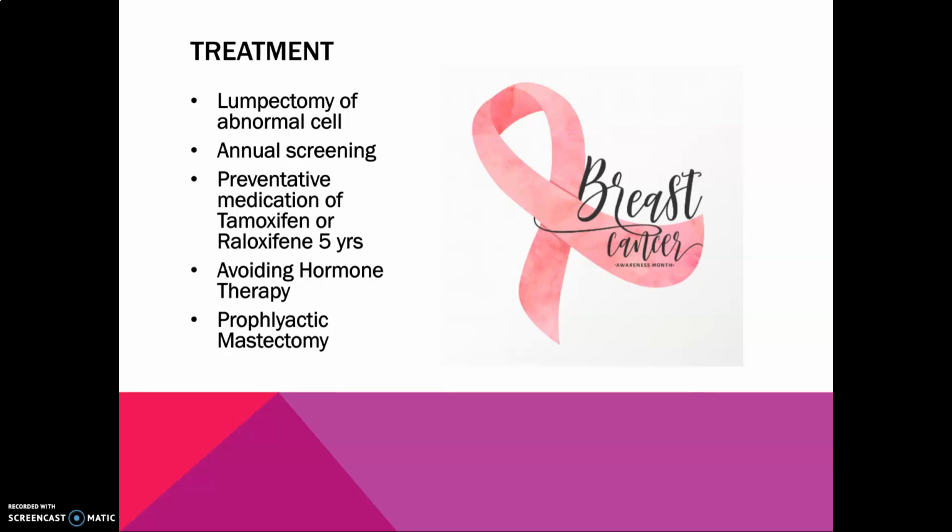Preventative medication can be given to reduce the risk of breast cancer, such as tamoxifen or raloxifene, which block estrogen receptors. Estrogen is thought to increase the growth of breast cancer. The medication is prescribed for up to 5 years. Women are told to avoid hormone therapy, which increases estrogen.